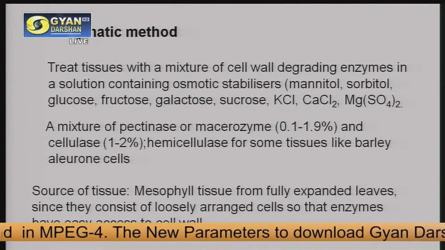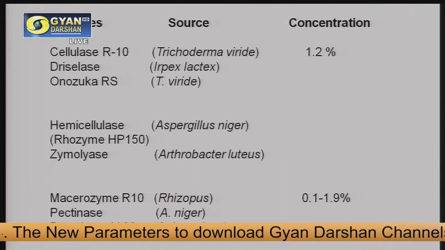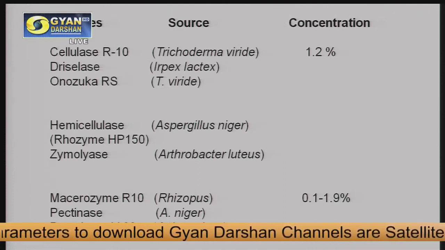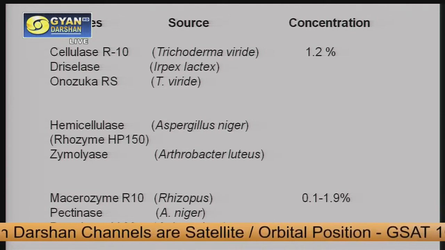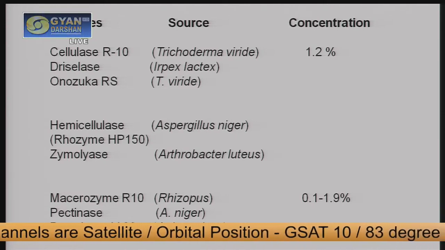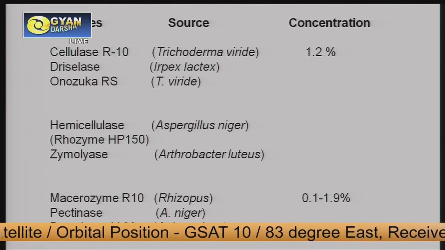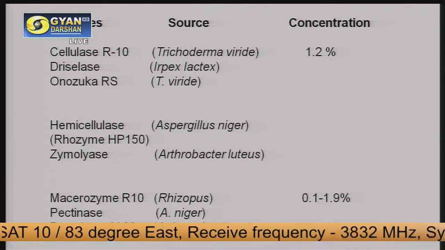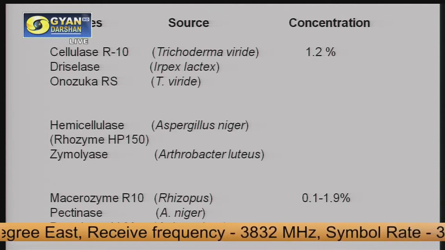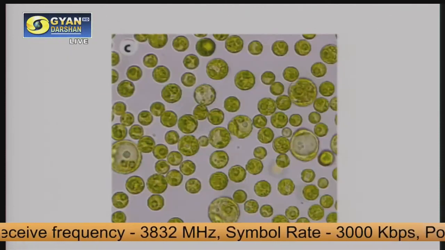You can use the different enzymes as I have listed here: cellulase, driselase, hemicellulase, pectinase, pectolyase. Again they come mostly from fungal sources like Trichoderma, Aspergillus, Rhizopus, and you can use them at different concentrations.